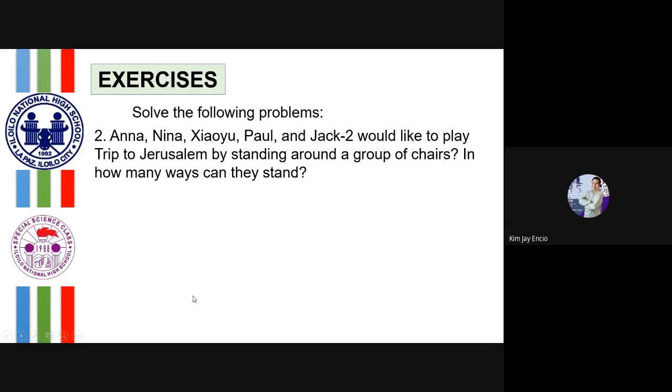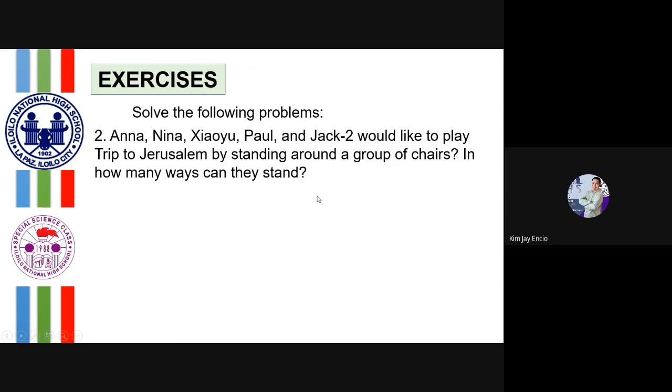Anna, Nina, Xiaoyu, and Paul and Jack too would like to play Trip to Jerusalem by standing around a group of chairs. In how many ways can they stand? So if you know Trip to Jerusalem, they are walking while dancing around a group of chairs.